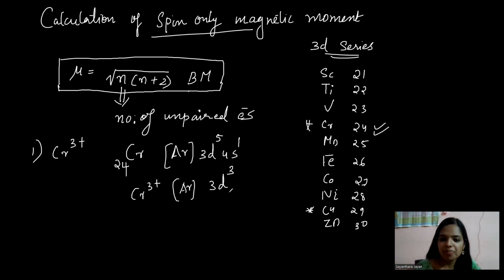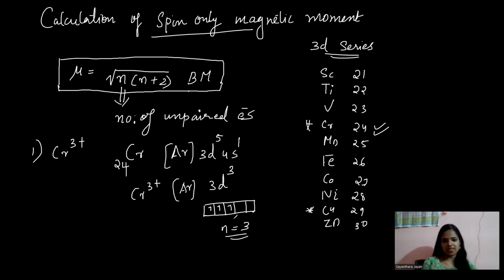So 3d3 is the configuration of Cr3+. Now I am drawing the d subshell and filling 3 electrons, 1, 2, 3. Here you can see the number of unpaired electrons is 1, 2, 3, so n is equal to 3.